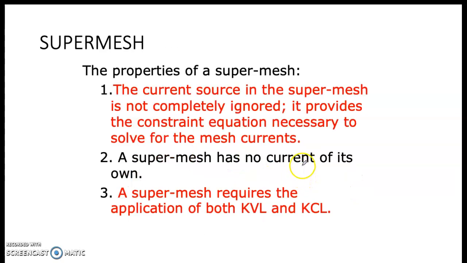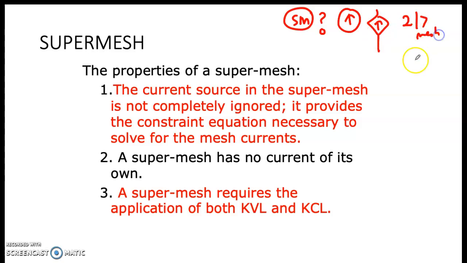Okay. So the first important concept, you need to be able to identify what is actually super mesh. Super mesh is the current source, either dependent or independent, and it exists between two or more meshes. So what are the properties? The current source is actually not completely ignored.